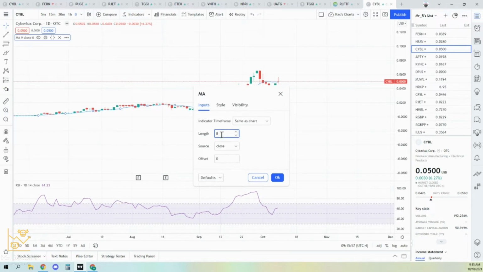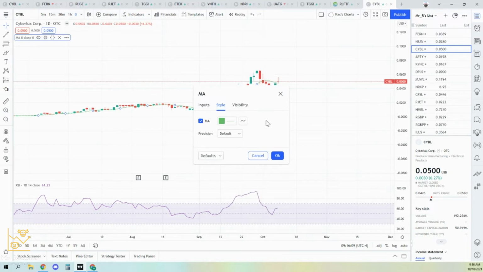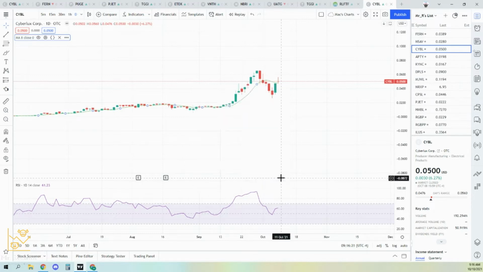So I'm going to put the first one at 8. Style: as you know from my other videos, I like to keep this one green. That green's a go for me for a short-term entry. Precision, not going to do anything about that. Leave those the same. So that's that. It's that easy. And then you hit OK.